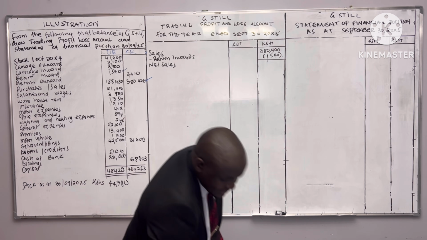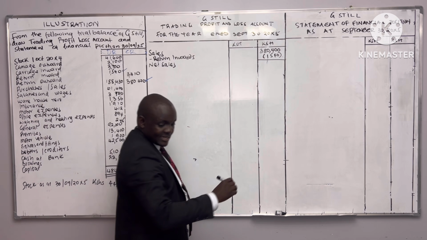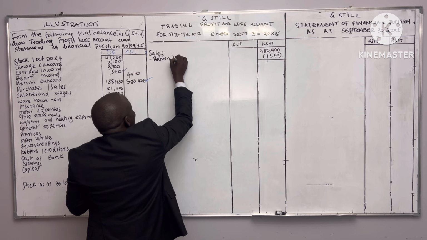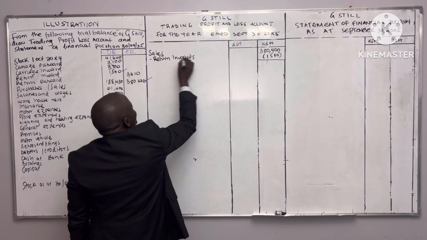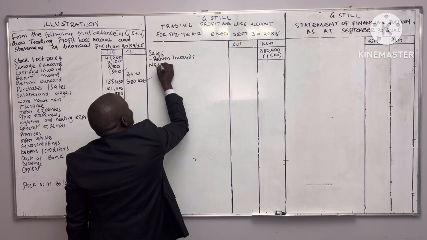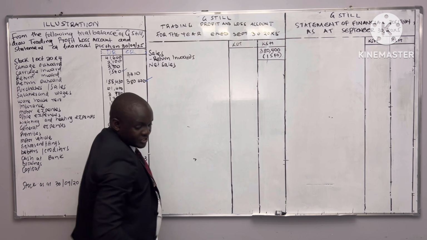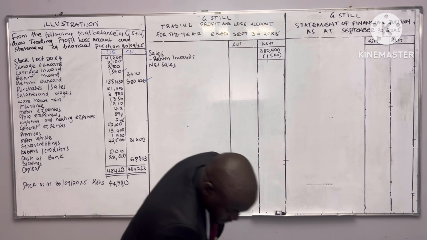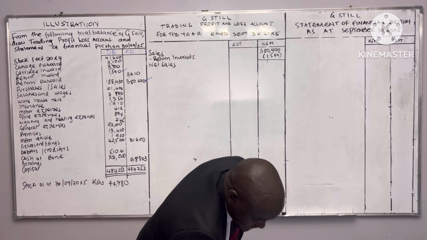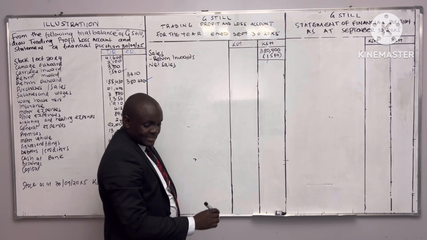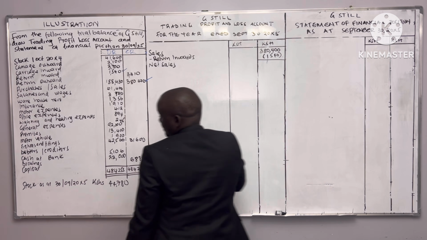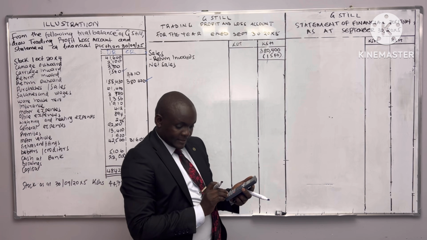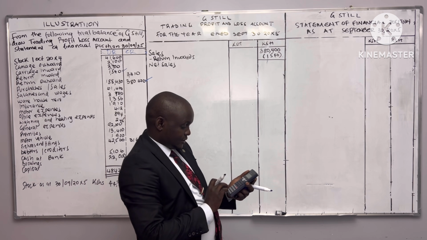I pick a calculator. So when I minus that, I get, just a minute, we do with a calculator, 380,400 minus 1540.